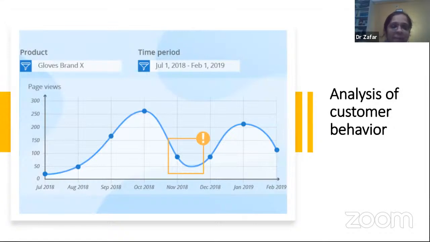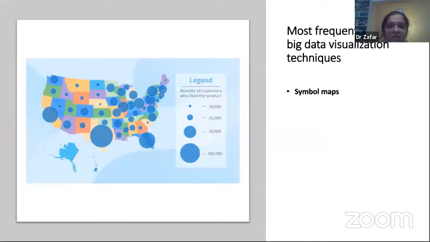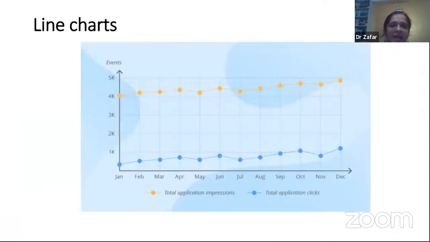The client will be happy if I present this chart, showing from July to February the analysis of a gloves brand. So this visualization attracts users and businesses. This symbol map gives the number of customers who like a particular product. Similarly, there are line charts.